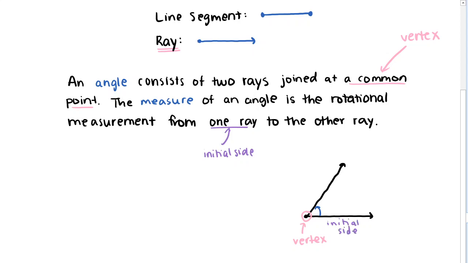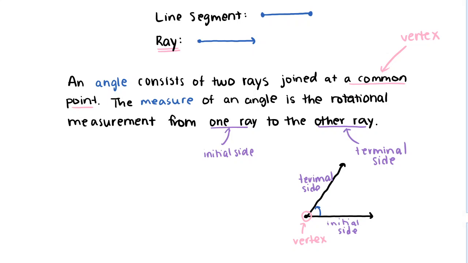And the other ray, the ray where we imagine ending up at the other side of our angle, we refer to as the terminal side. Here, if I'm imagining the rotation I've depicted in blue, the second ray is this terminal side.